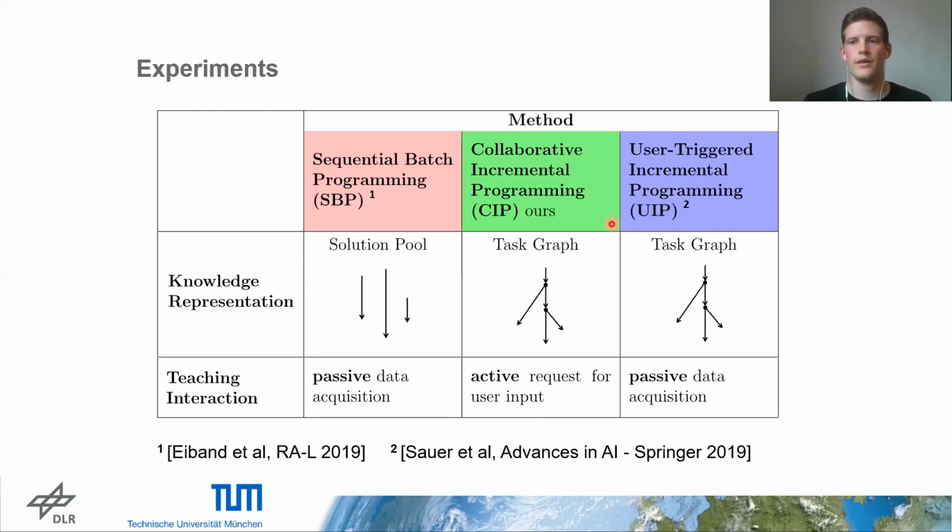In our method that I've explained to you, during the execution, the robot automatically detects anomalies and then collaborates with the user in order to refine or extend our task graph. In the third method, during the execution, the user has to identify anomalies and then decide if and when he wants to demonstrate new skills.